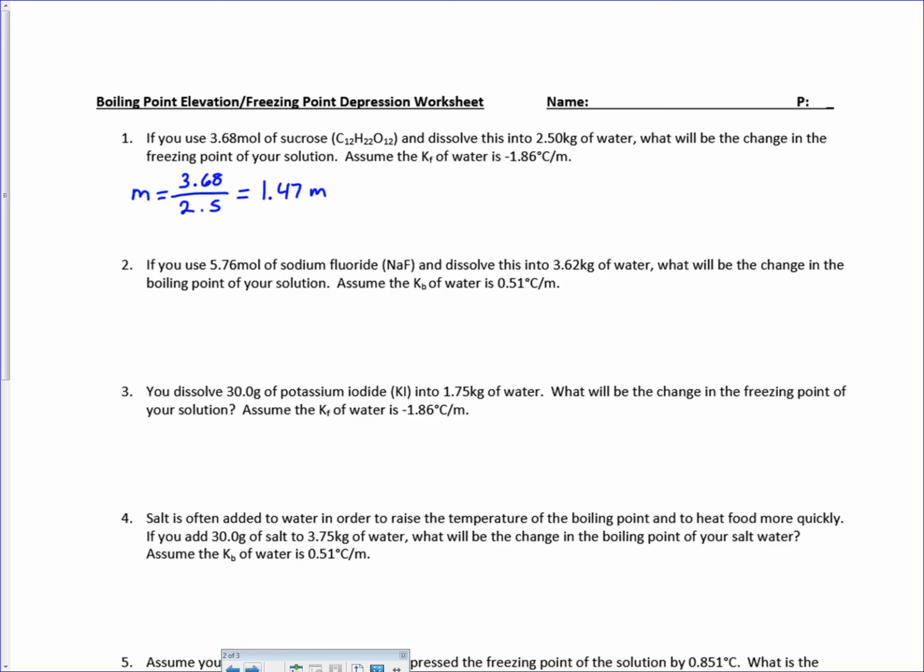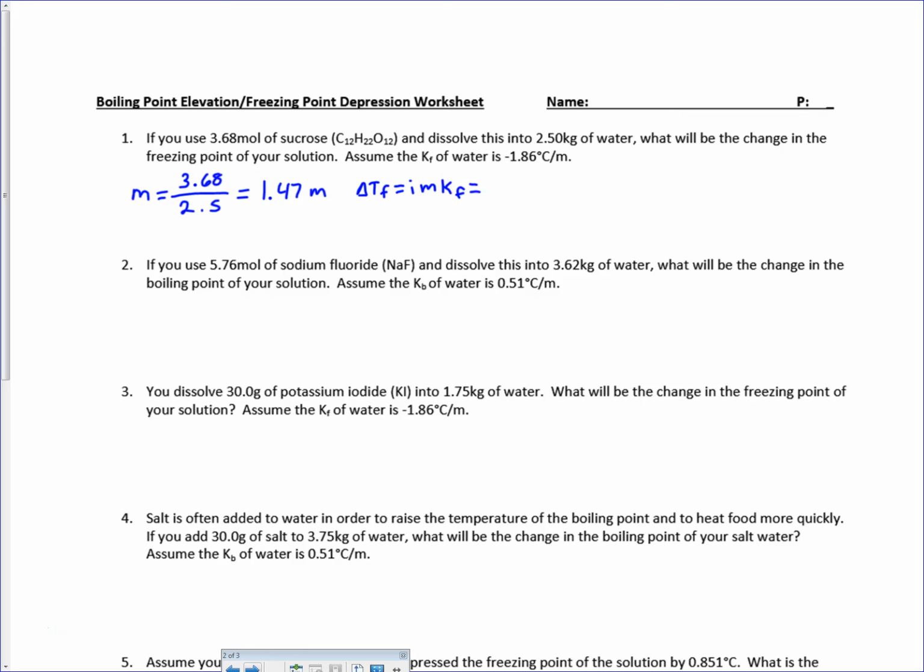Then we're going to plug it into the delta TF equation. So we know the freezing temperature here is going to change by I times M times KF. I in this case, this is sucrose, if you see the formula there, C12H22O11. Those ones are all covalent, okay? It's all nonmetals.